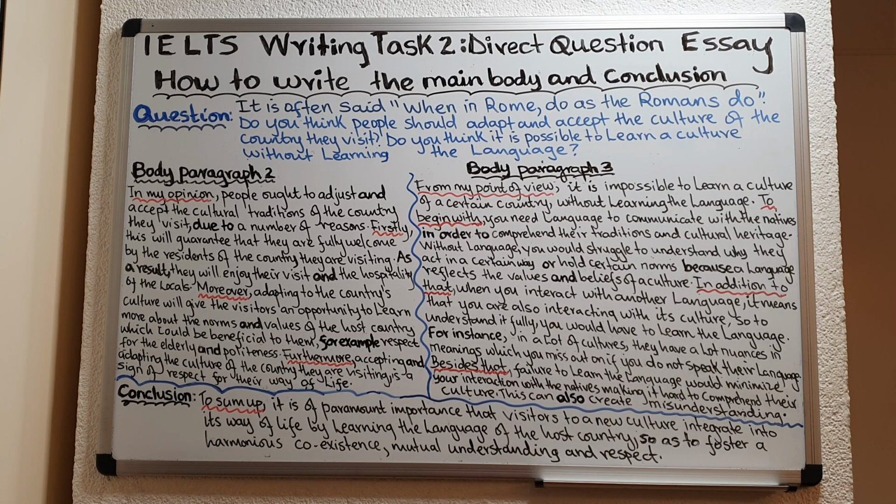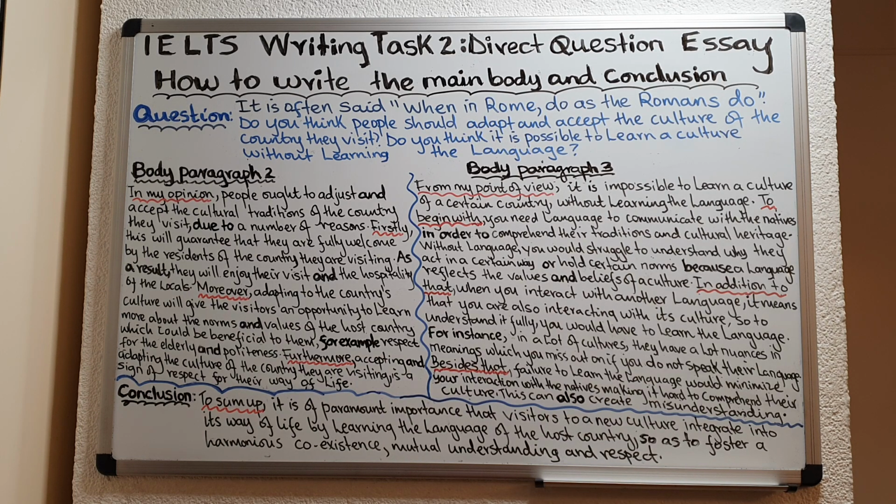I ensured that I introduced each of those reasons using a linking word: firstly, moreover, furthermore. And then I ensured that I elaborated each of my points by using linking words such as as a result, and for example.